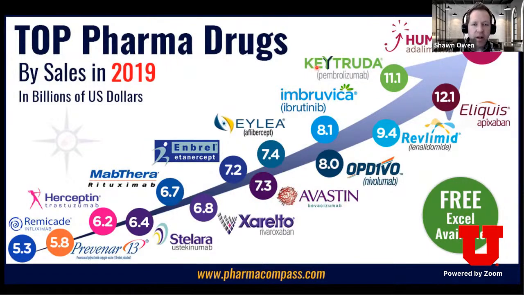Focus in on the name, not the trade name, but what we call the generic name. And you'll start to see something coming up over and over, and that's MAB, M-A-B, at the back of this name. So you see it here: adalimumab, pembrolizumab, rituximab. MAB is an abbreviation for monoclonal antibody.